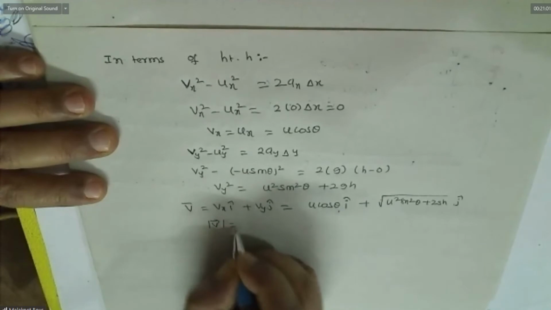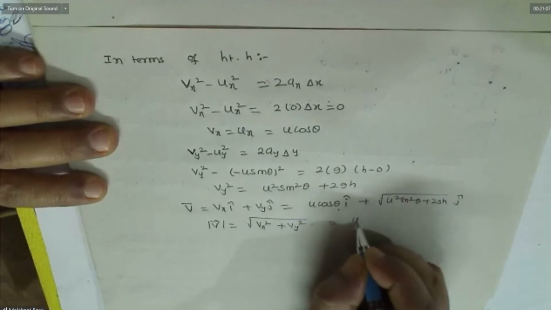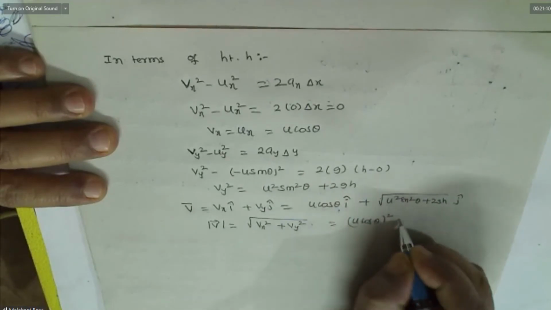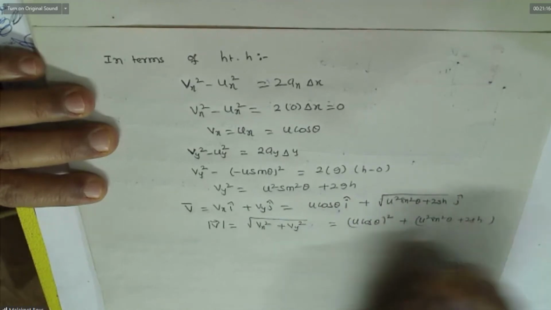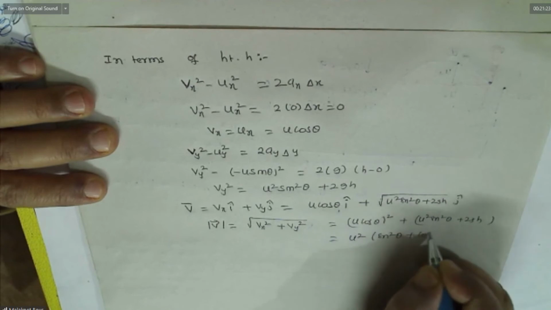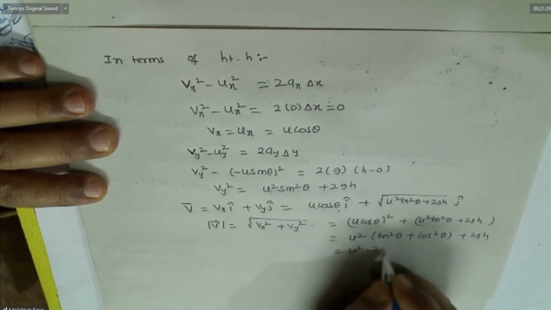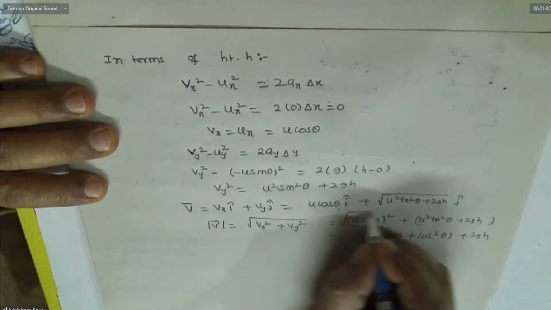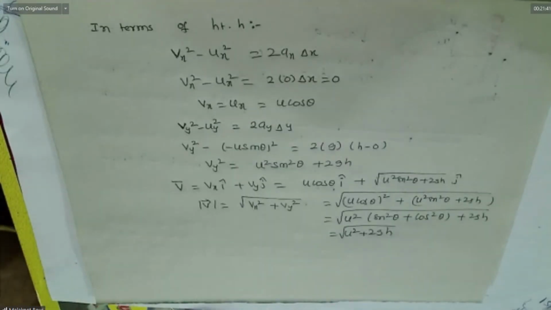Take the mod of this, and this is the speed at any height h when it reaches. Understood this? Clear?